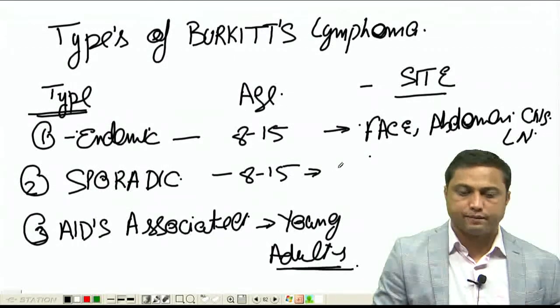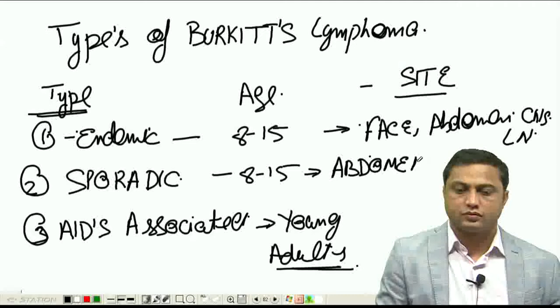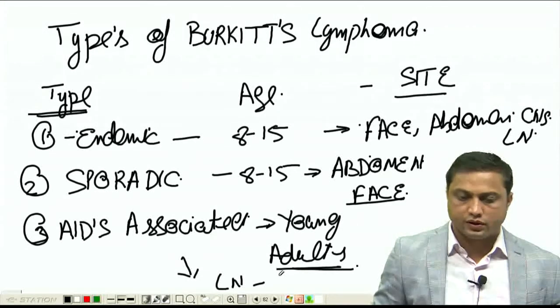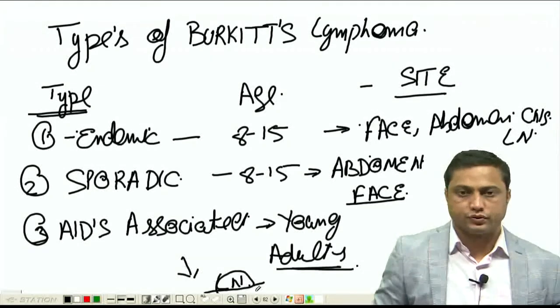Sporadic is also seen in abdomen, face. AIDS associated is mainly seen in lymph nodes.